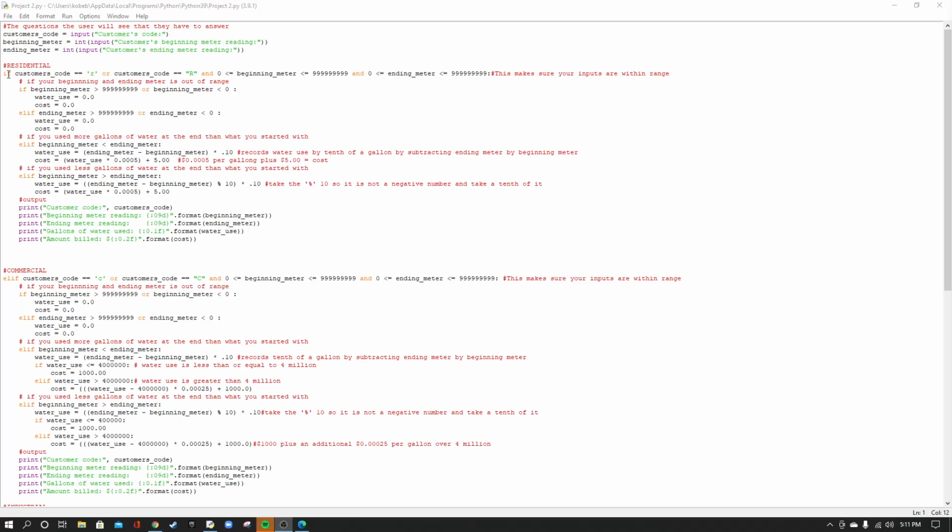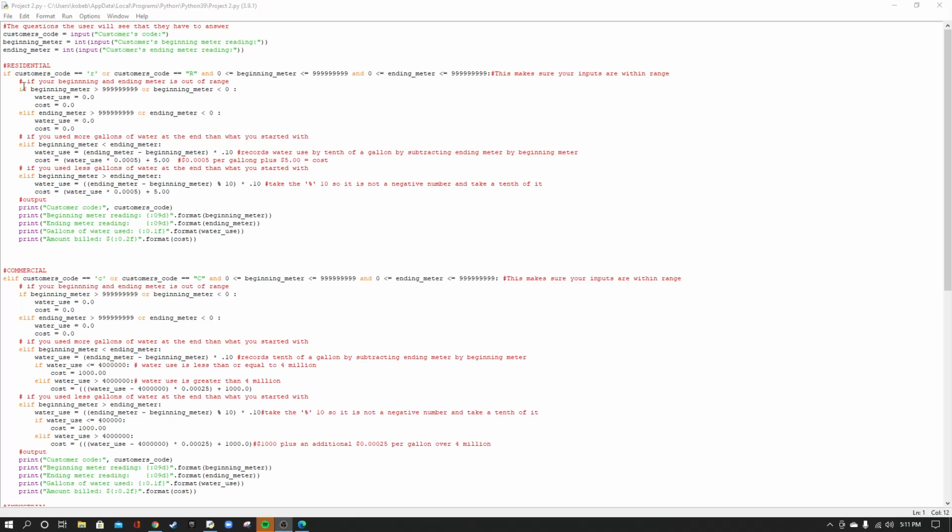In this statement, if the customer code equals R, then it goes through this, and the beginning meter and ending meter have to be within range in order for it to process.